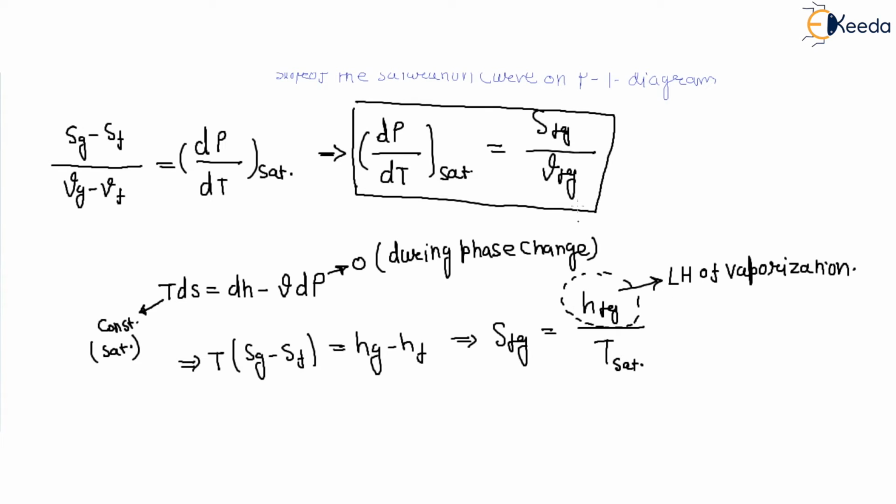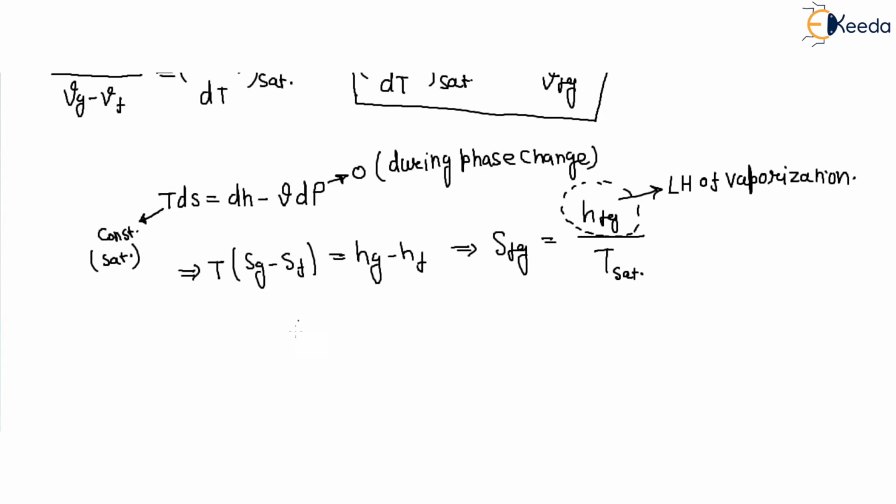If you put this value over this, what is that? dP over dT at saturation is Hfg divided by T saturation times Vfg.